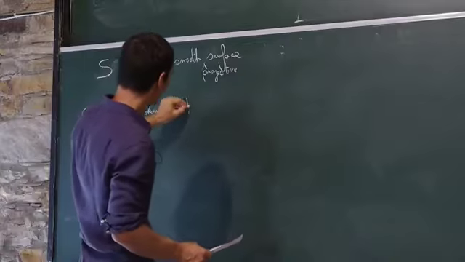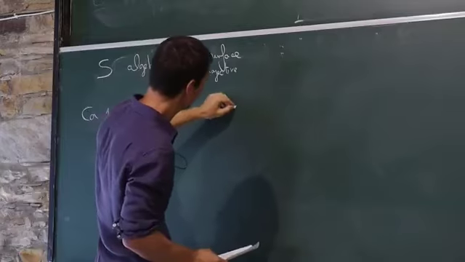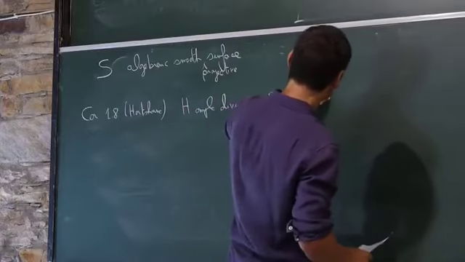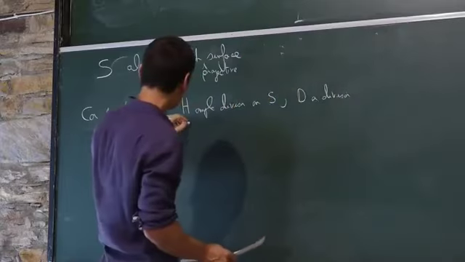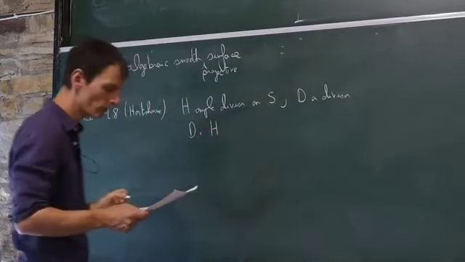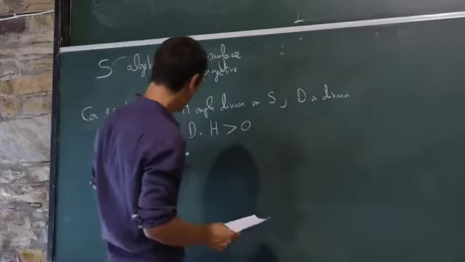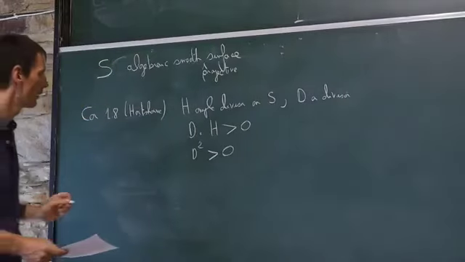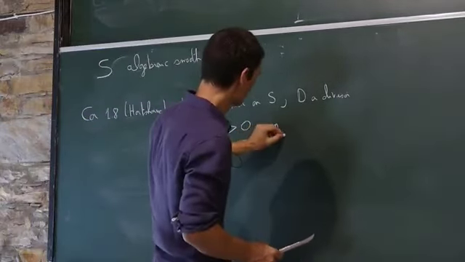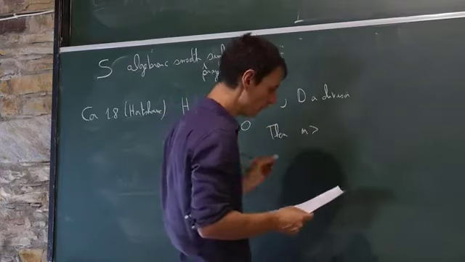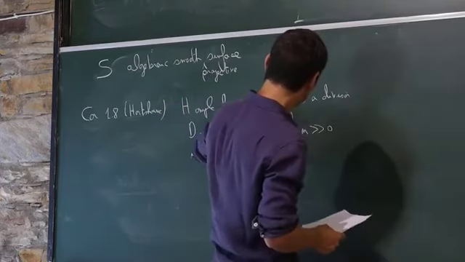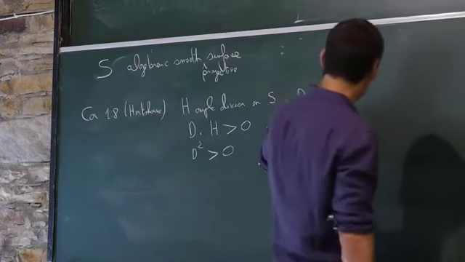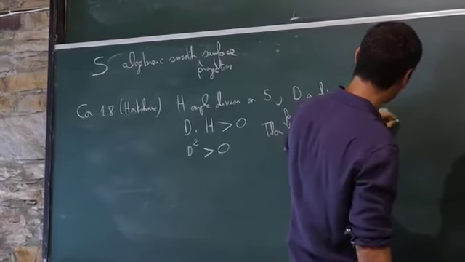If you have H an ample divisor on S, and D a divisor on S such that D intersection with H is positive, and such that D squared, the self-intersection, is also positive, then for all N sufficiently large, the divisor N times D is effective.